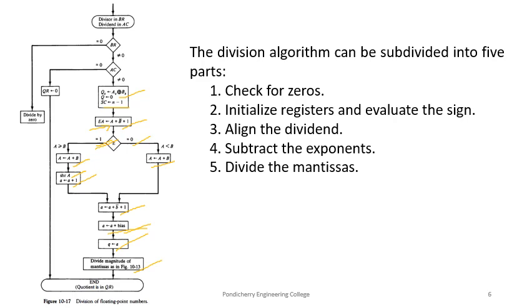After this, the quotient will be in the QR register. The mantissa quotient will be in Q and the remainder will be in A. And of course the exponent will be in the small q register. Got it?